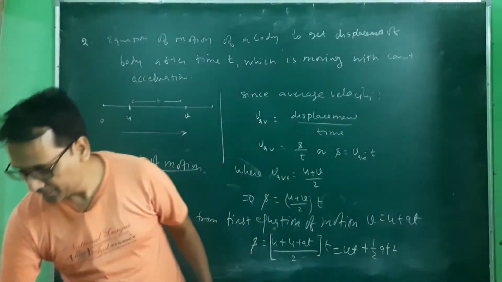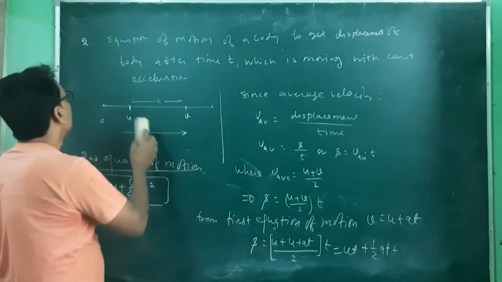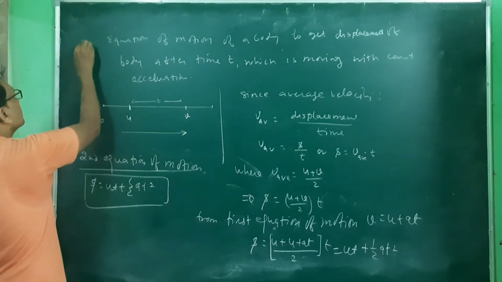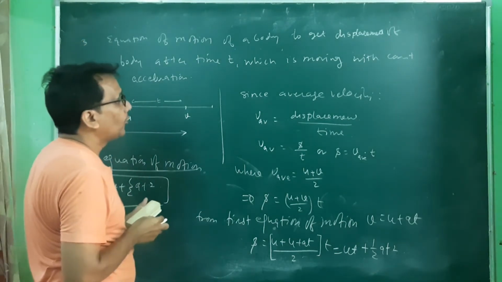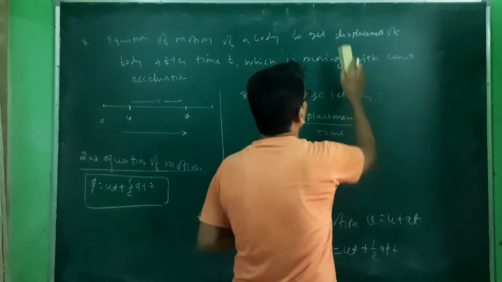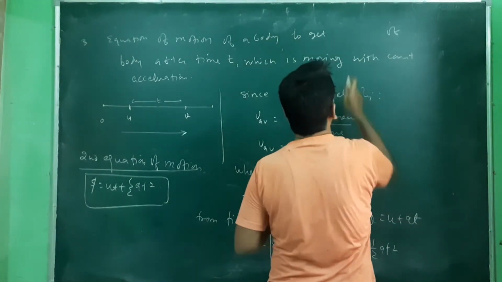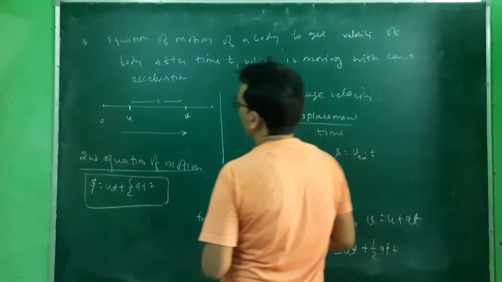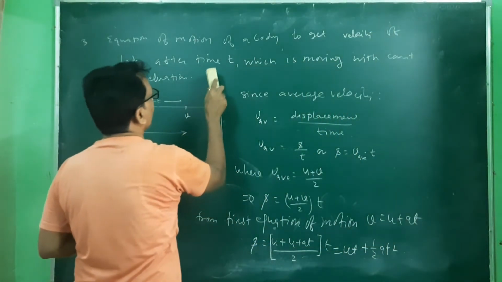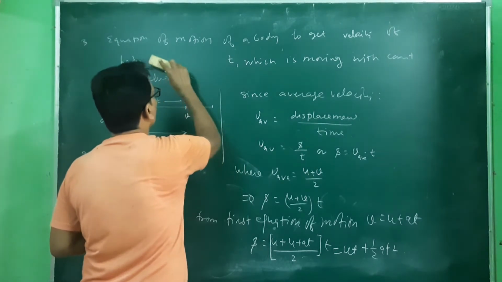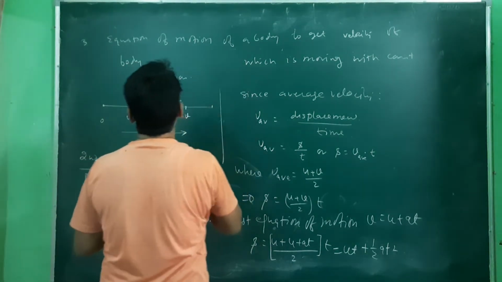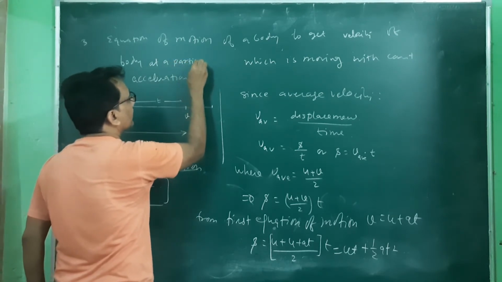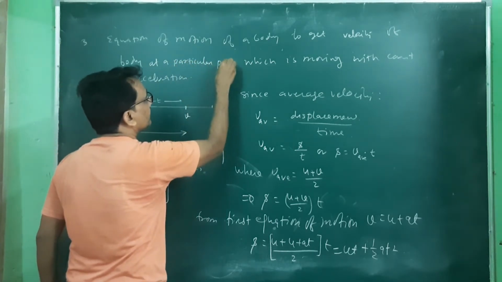So the next equation, that is equation number 3. The equation of motion of a body to get the velocity of a body at a particular position.